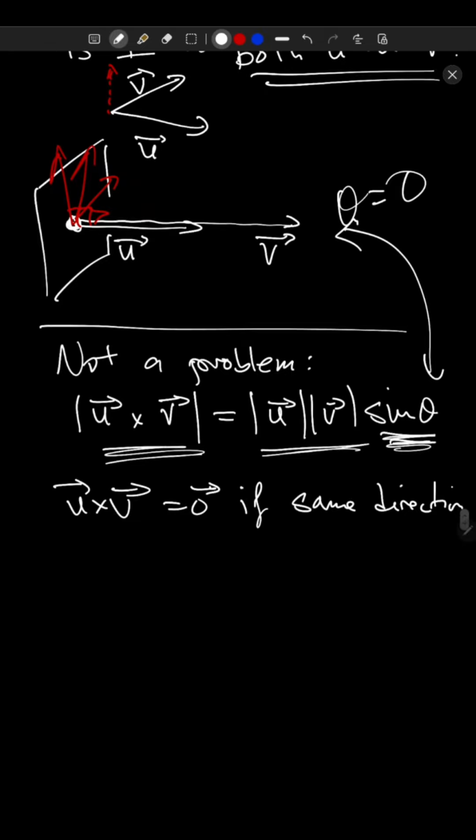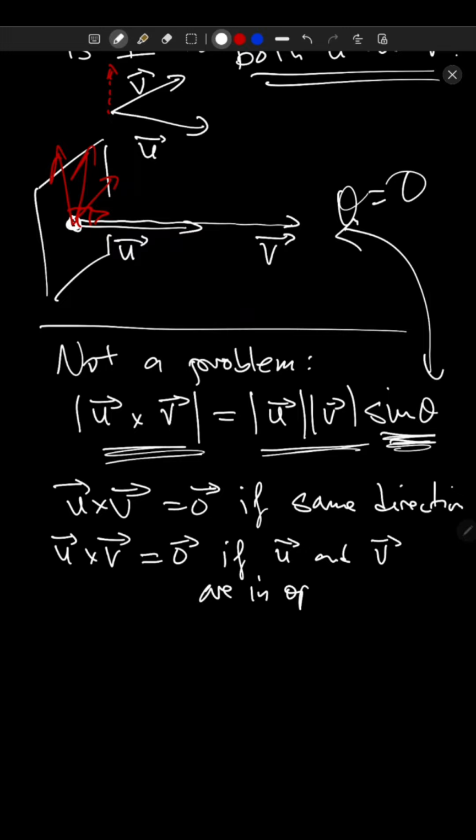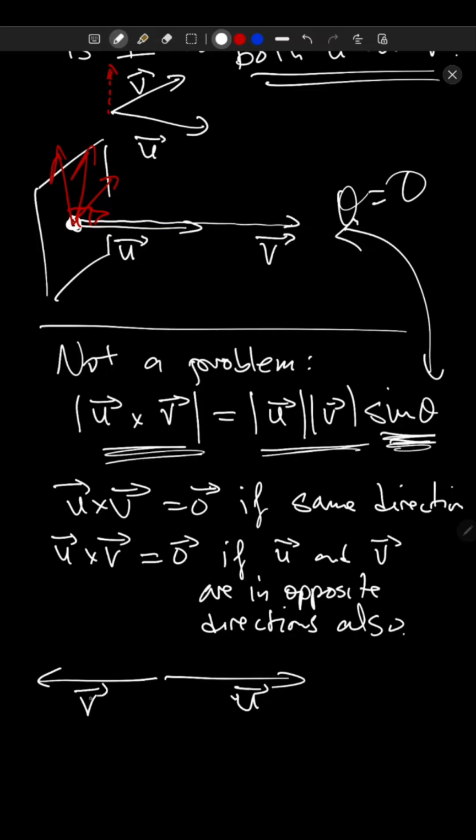Okay? And of course, U cross V equals 0 if U and V are in opposite directions also, right? Because in opposite directions, here's U, here's V. What's the angle? Pi, right?